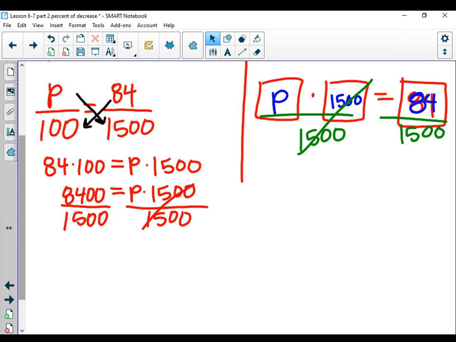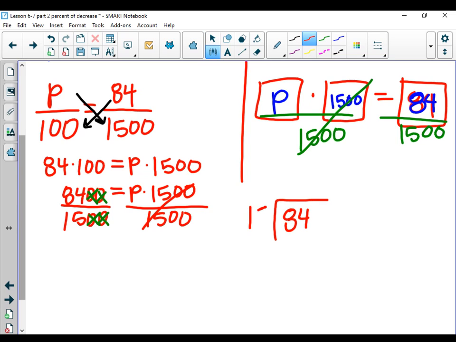Cross productors, are you using your zero trick? I think this is 5.